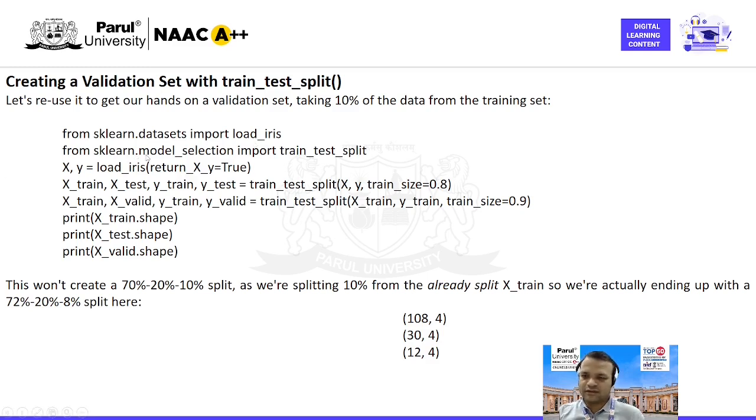From sklearn.model_selection import train_test_split. We use this line to import the train test split method using model selection with sklearn.